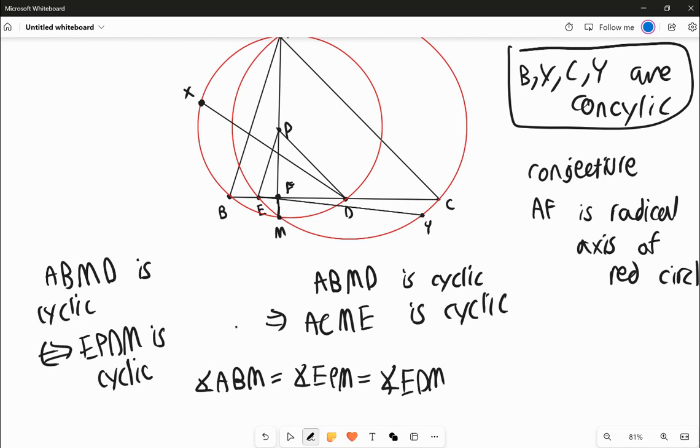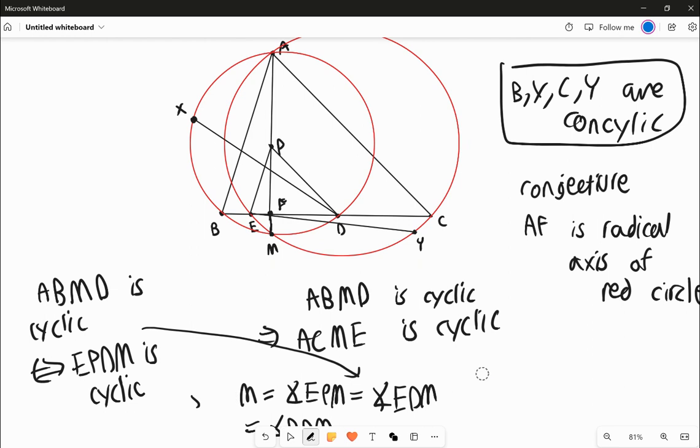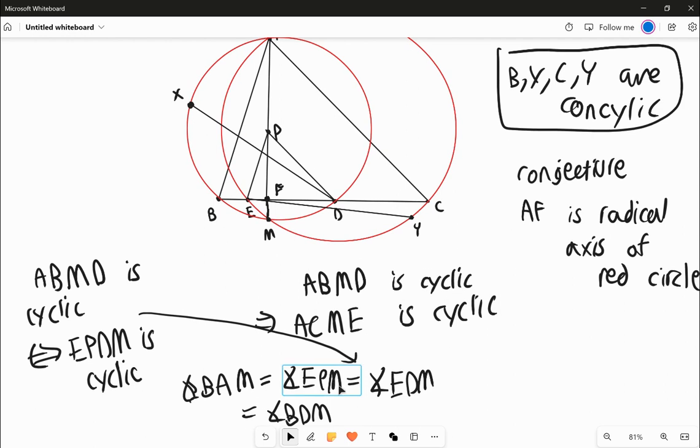So that's that step, and that's equal to directed angle BDM, and sorry, this should be BAM. So directed angle BAM is equal to directed angle EPM is equal to directed angle EDM, assuming this quadrilateral is cyclic.